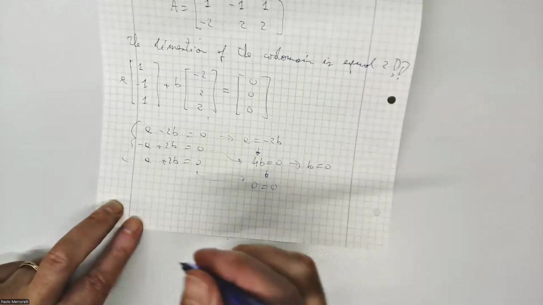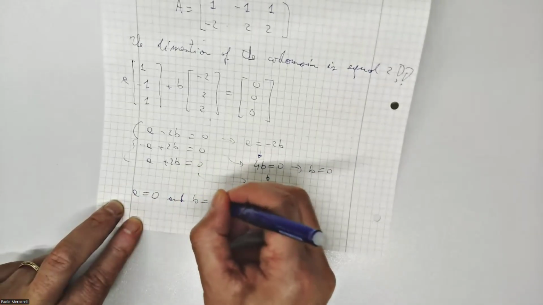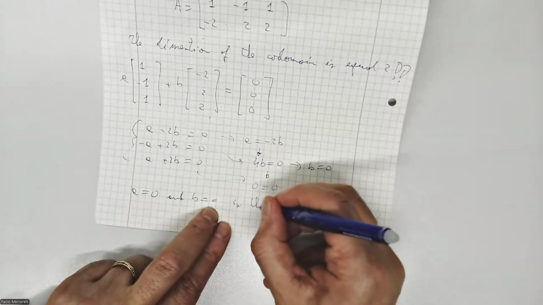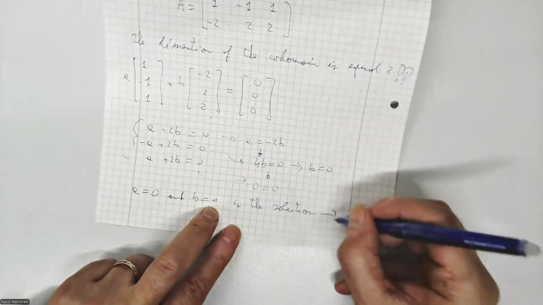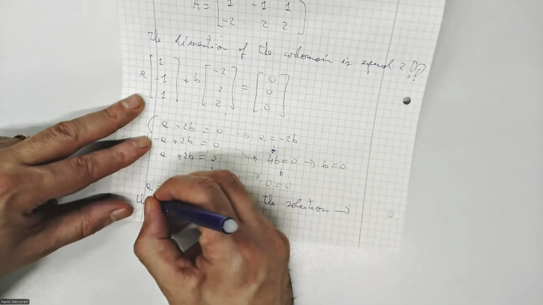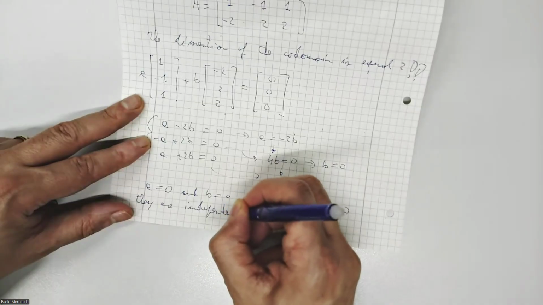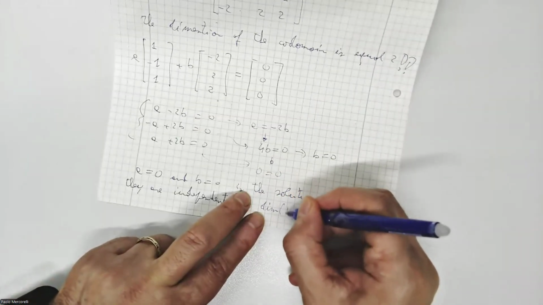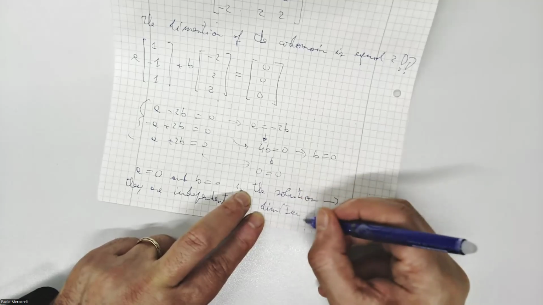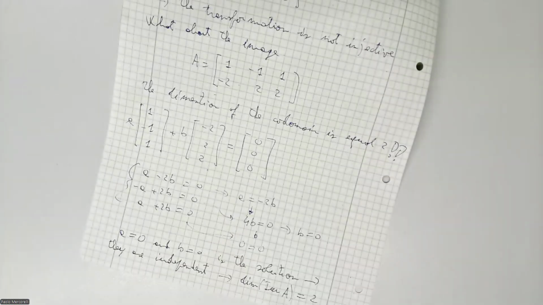This means if I don't see mistakes, a equals 0 and b equals 0 is the solution. This means they are independent, right? Implies dimension of image of A equal to 2. I need another slide.